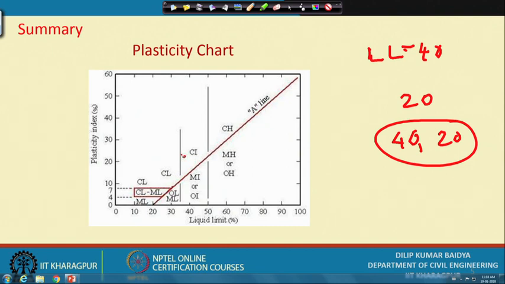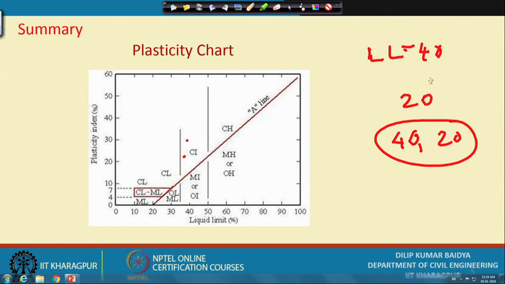So, that means based on the plasticity test of the soil, I put that point in this chart, and depending on the position of the point I can classify the soil. You can see there are three different zones: liquid limit up to 35, 35 to 50, and 50 to 100. And again there is the A-line. If above the A-line, the soil will be treated as high plasticity, and if below the line, it is low plasticity.